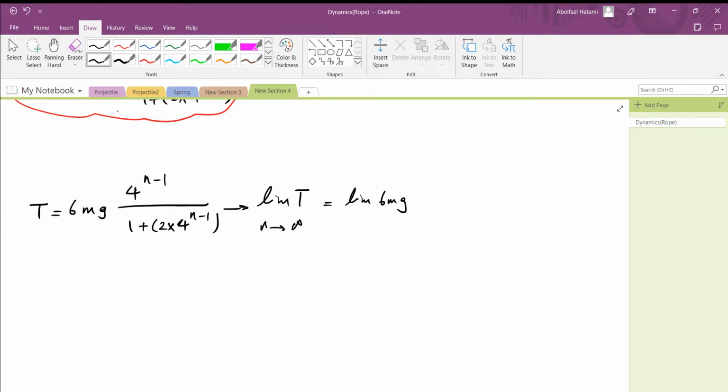Let's divide both numerator and denominator by 4 to the power n minus 1. It is 1 over 1 to the power n minus 1 plus 2, and n goes to infinity. This term goes to 0 in that limit, so we will have just 3mg.